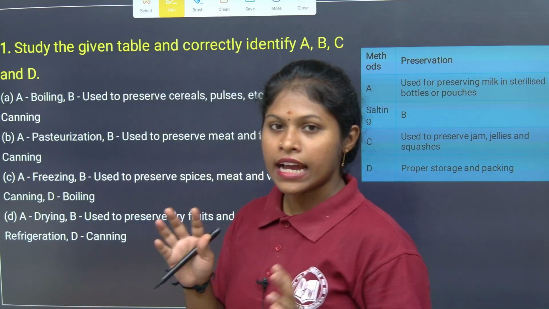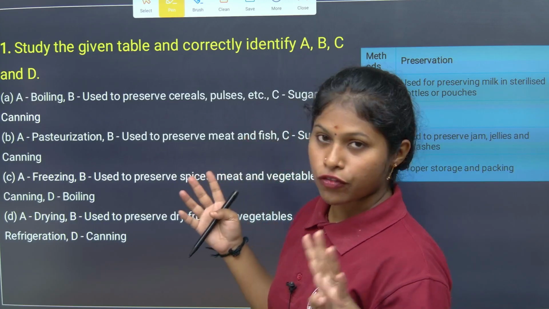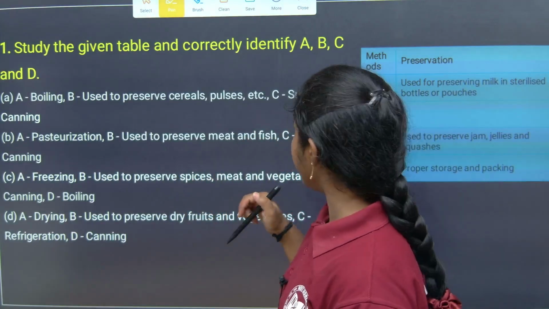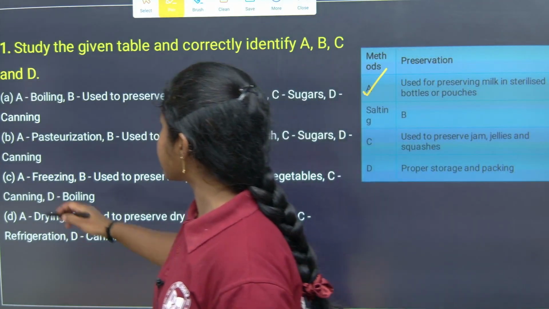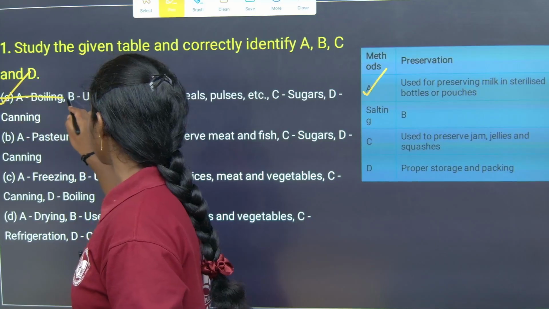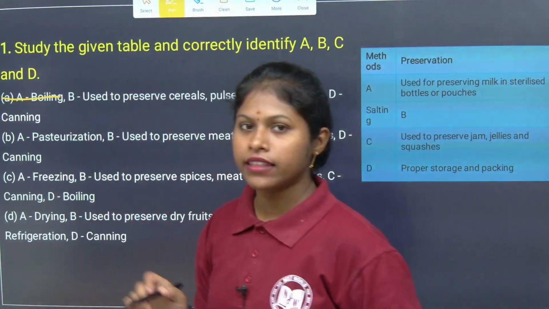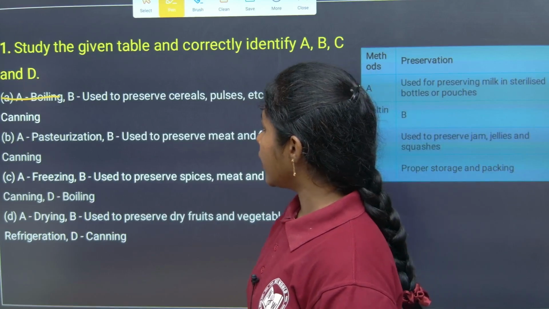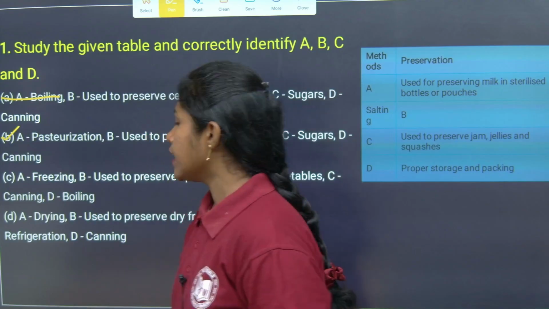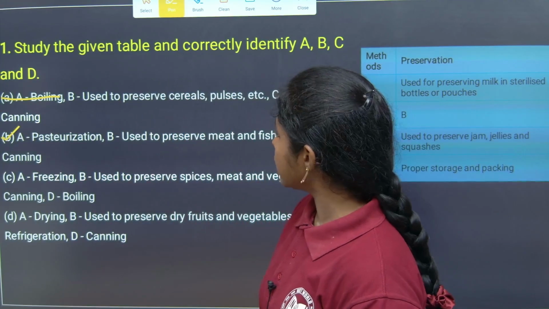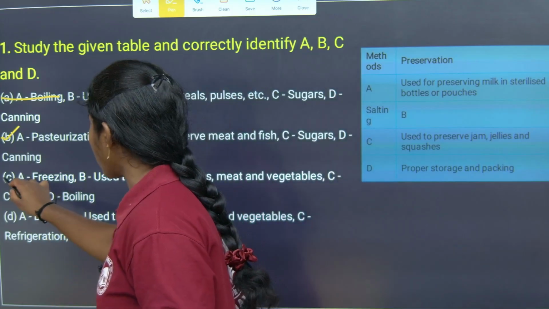So let's eliminate the options for the given question, children. They have given 4 options, and we know that A is the pasteurization method. The first option gives A as boiling. No, that is not the correct option. So let's eliminate it first. The next one gives pasteurization. Yes, it is correct, right. Let's see the third: A is given as freezing, so it is also a wrong statement.